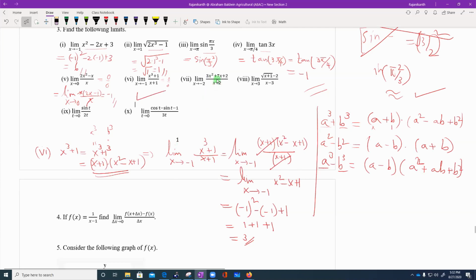Good. The next one, first plugging in the value -2. If it is x goes to -2, what is the numerator if you're plugging in -2? Could you check? I'm talking about problem number 7. I need to check how much we are getting for the numerator if x is -2.